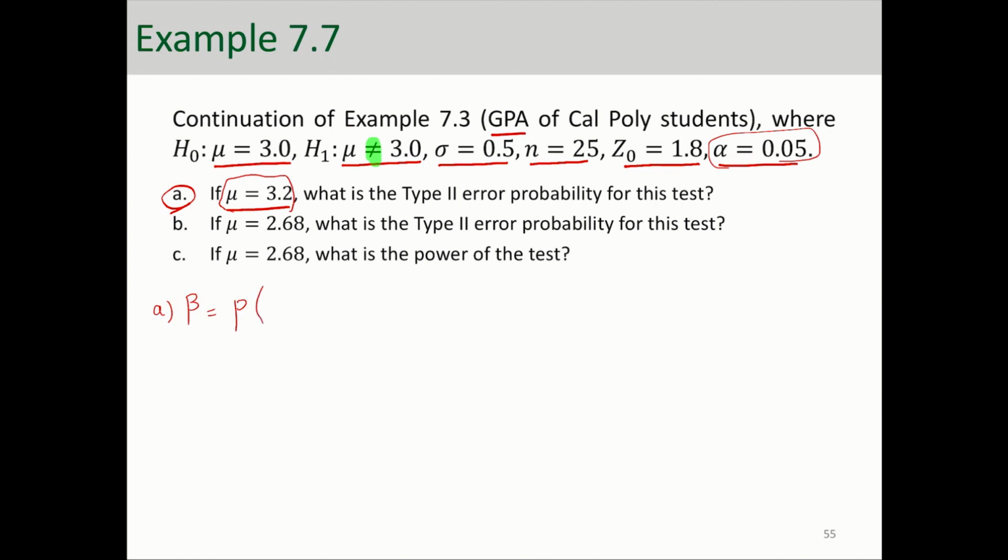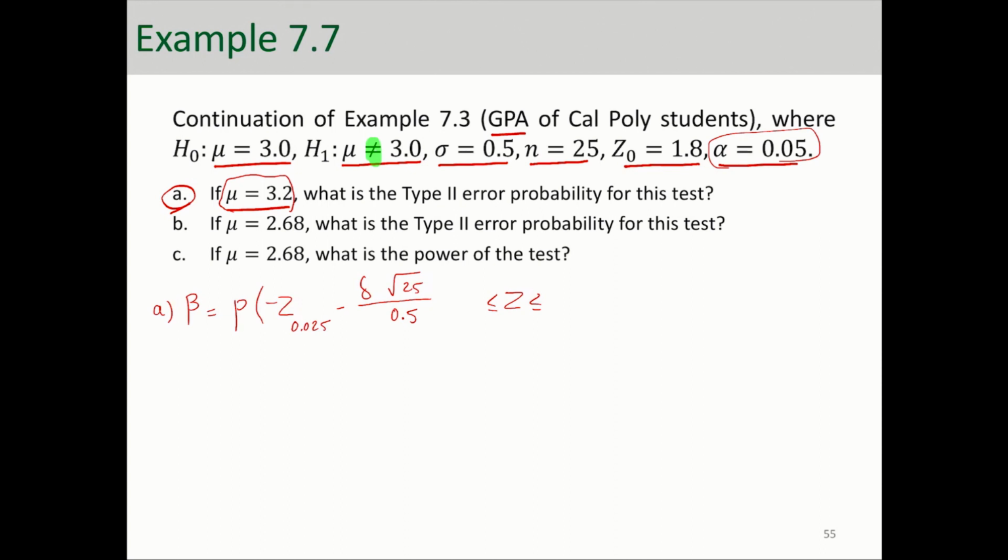probability of z between negative z of alpha over 2, that is 0.025, minus delta times square root of n, that is 25 here, over sigma, that is 0.5, that is the standard deviation.